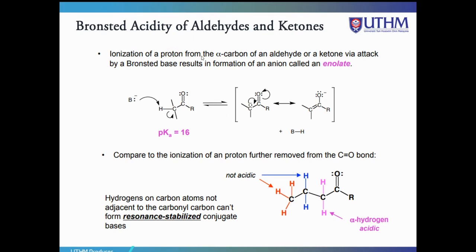Ionization of a proton from the alpha carbon of an aldehyde or ketone via attack of a base results in the formation of an ion called enolate.